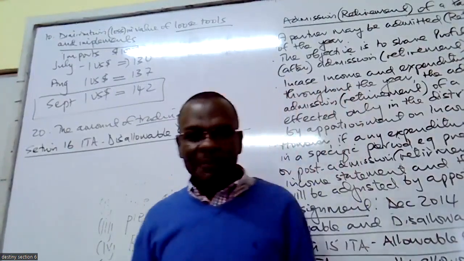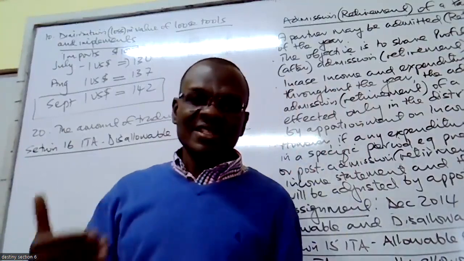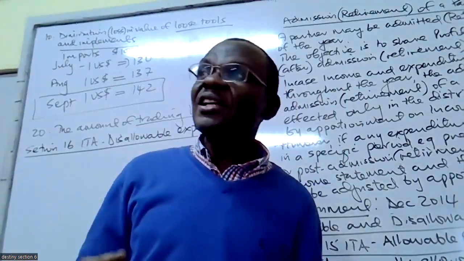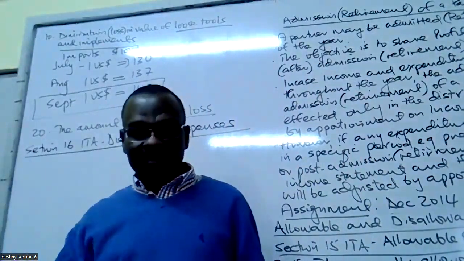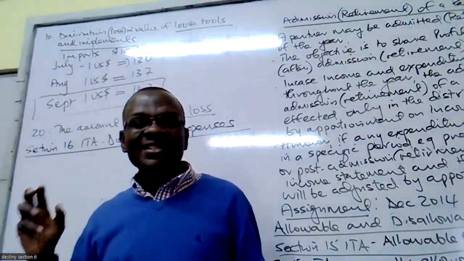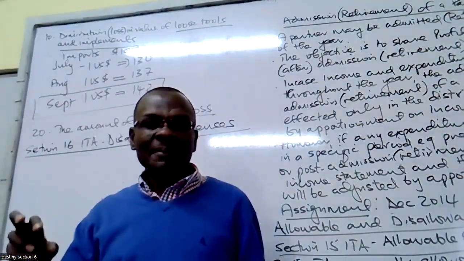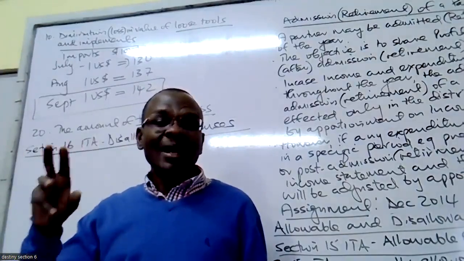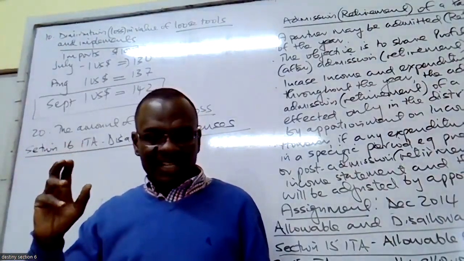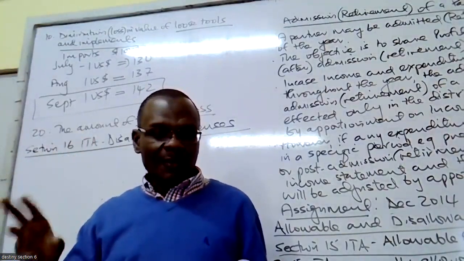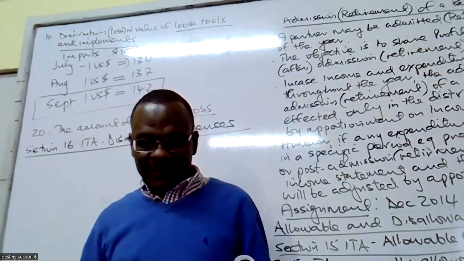Usually, the general approach in adjusting the statement for tax purposes is simply to add back these expenses. So when you are adjusting the reported profit for tax purposes, you will add back the disallowable expenses.